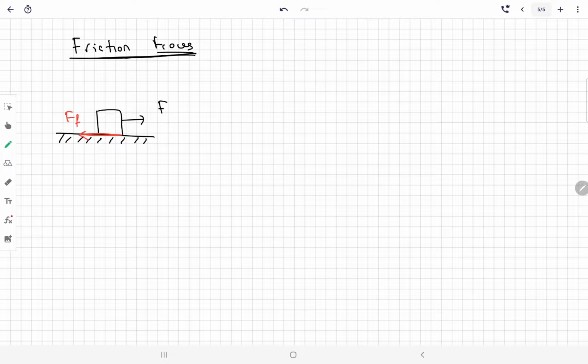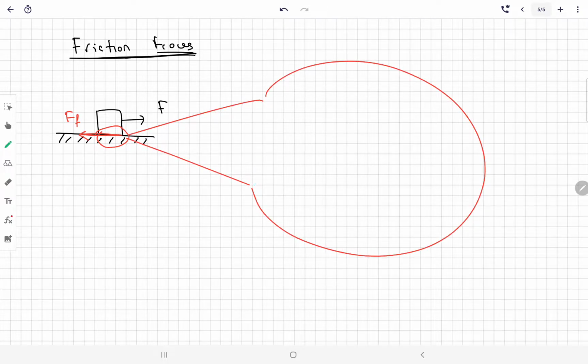So now how can we explain this friction force? If we zoom into this part, let me zoom in. The surface actually is not smooth. It has different levels. So basically here we have so many forces. It's not ice.